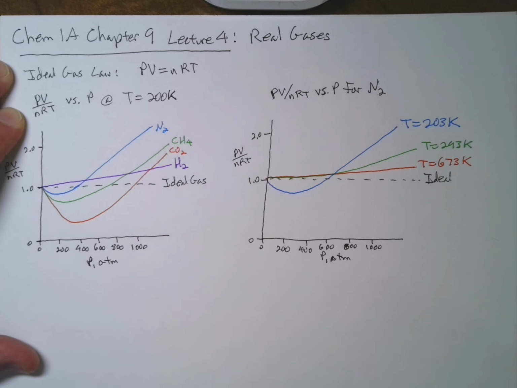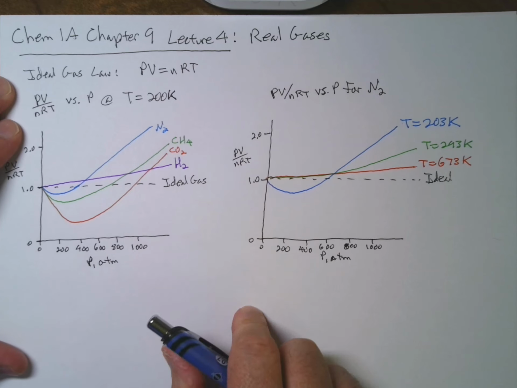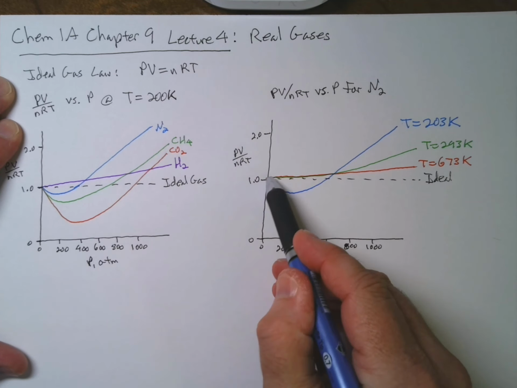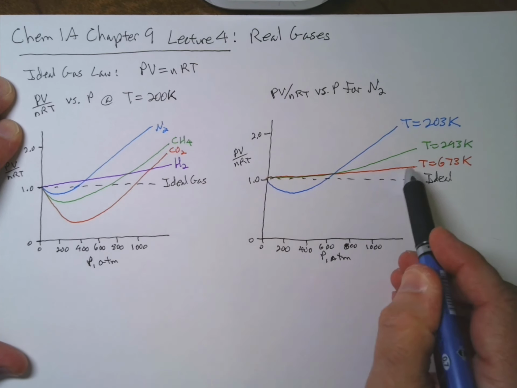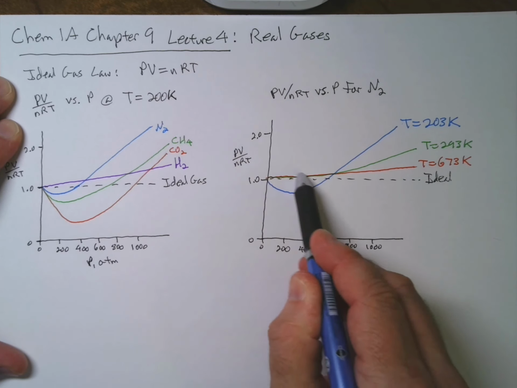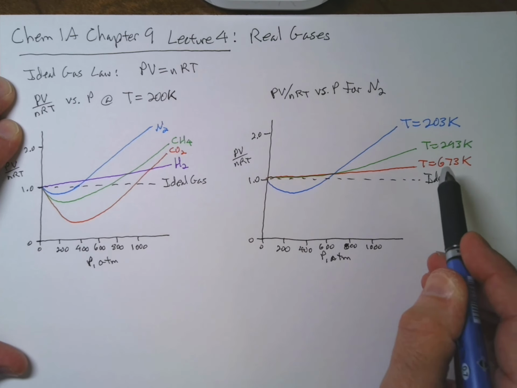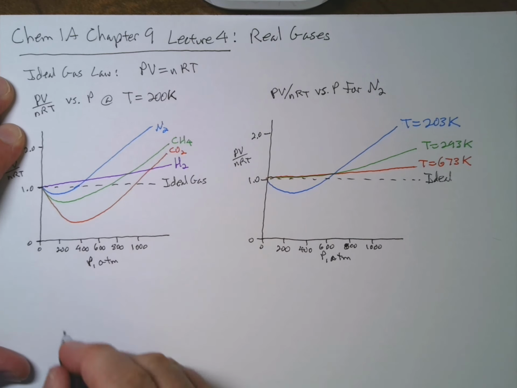So what we can say is that a real gas is closest to ideal behavior at low pressure, so we're close to the zero pressure here, and high temperature. So at lower pressure and higher temperature, we are closer to ideal behavior.